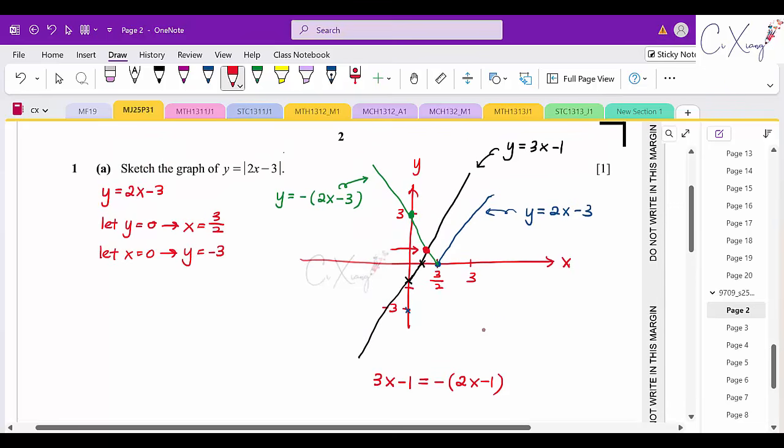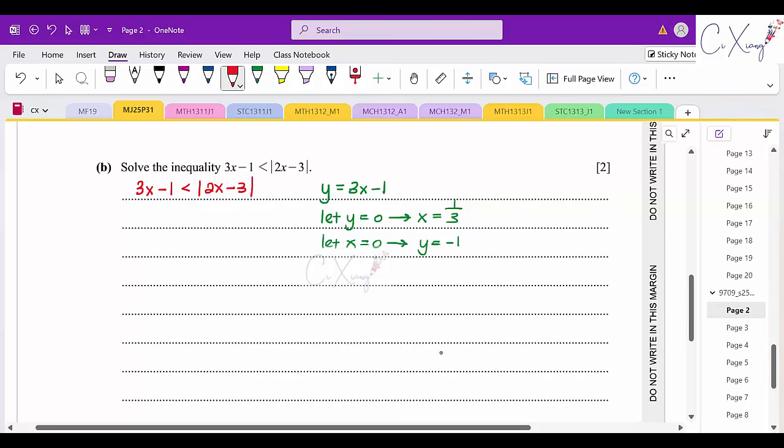So from the graph, I know that my intersection point comes from these two equations. Therefore, I solve this equation here. So let's continue from here. I will have 3x minus 1 equals negative 2x minus 3.